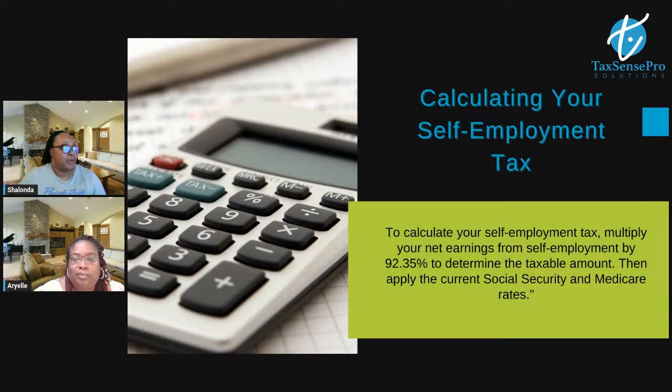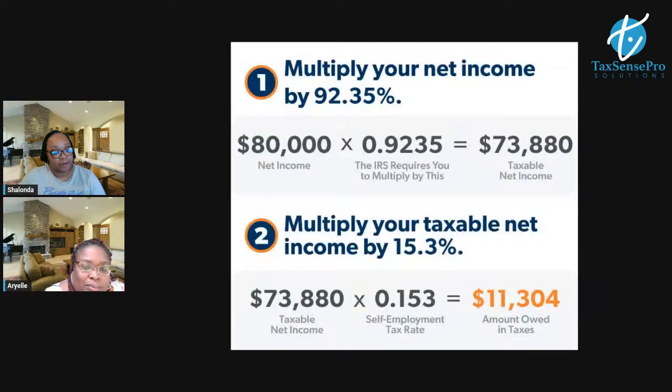Let's talk about how to calculate these self-employment taxes. To calculate your self-employment tax, multiply your net earnings from self-employment by 92.35% to determine the taxable amount. Then apply the current Social Security and Medicare rates. So let's jump into the calculator we have. Basically, you multiply your net income by 92.35%.